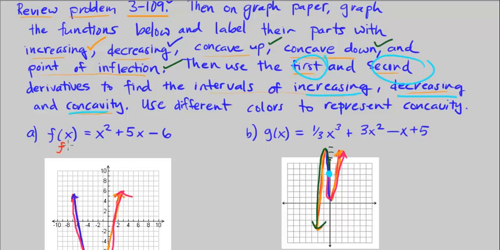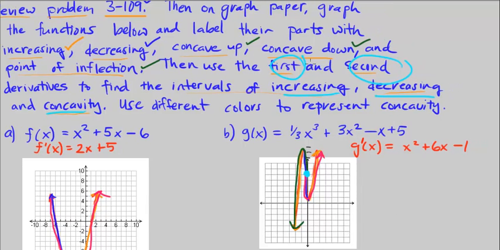Well, that's the first derivative, and that's equal to, using the power rule, 2x plus 5, right? What's g prime of x? Again, using the power rule, we bring the 3 down. That cancels with the 1/3. It's just x squared plus 6x minus 1, right? The 5 becomes 0. All right, so that's the first derivative.